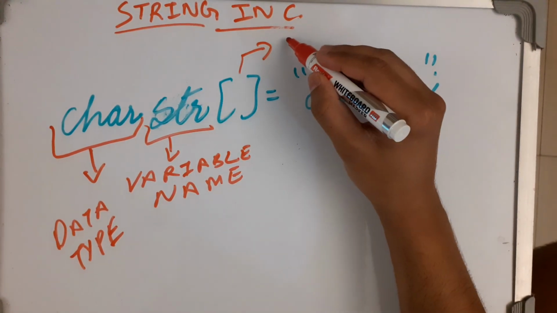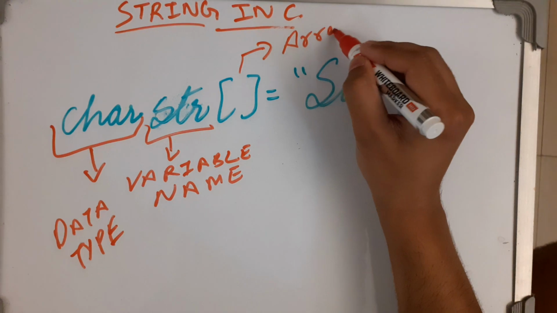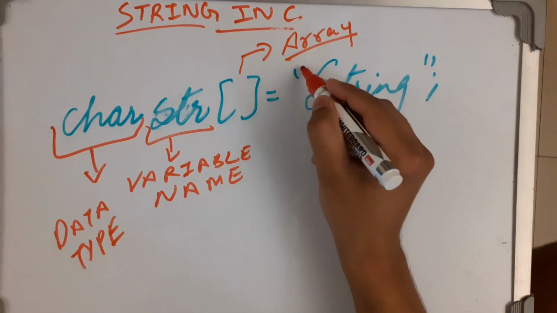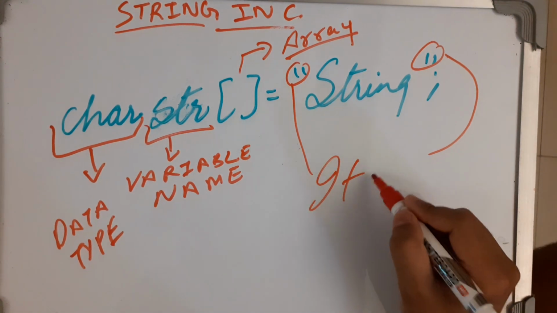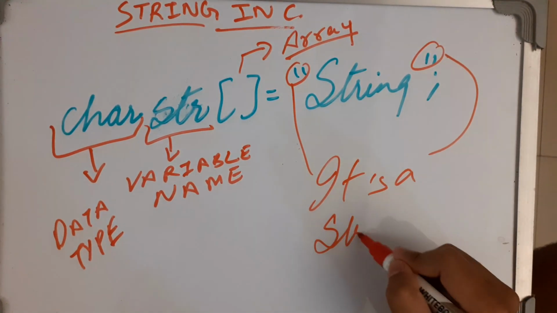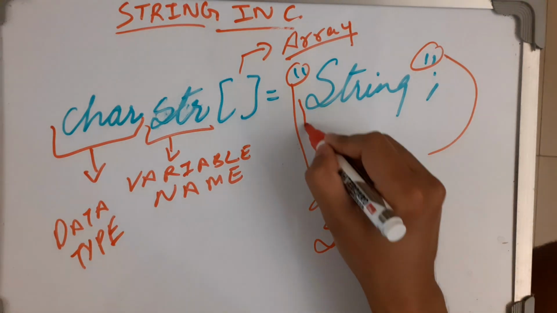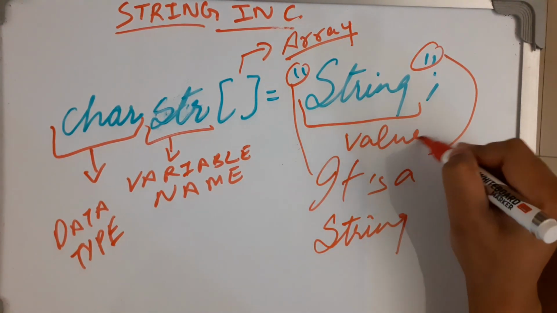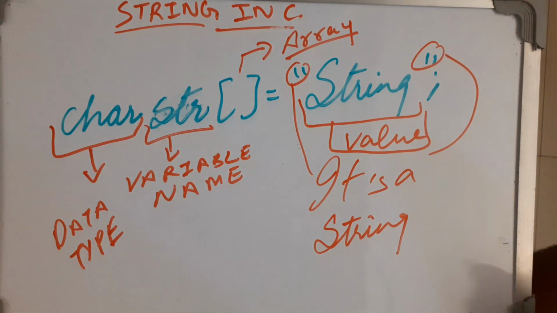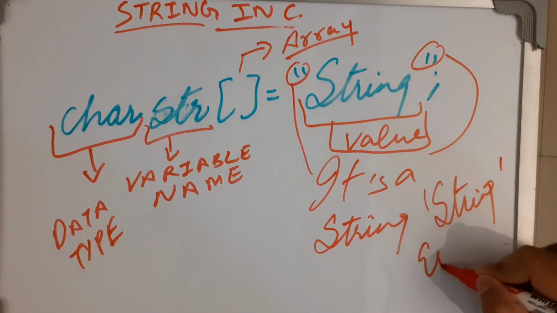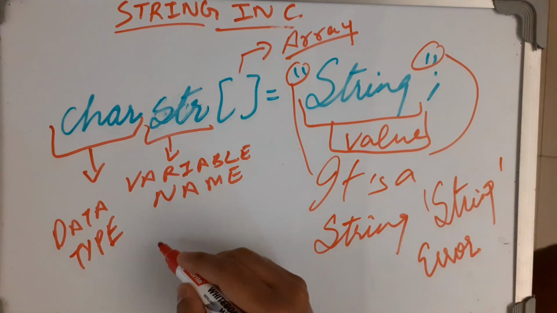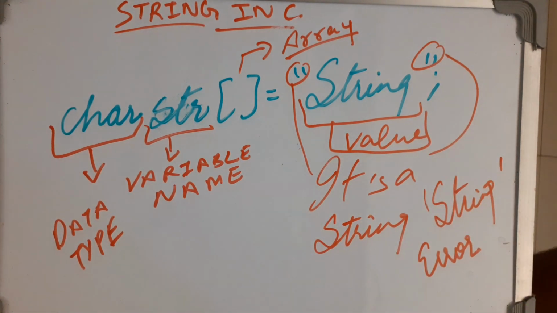So this is the array sign, and the double quotes mean that it's a string. And this is the value part. If I define this string in single quotes, it will give an error. Why? Because single quote is used only for a character, not for a string. Now you know how to define a string properly.